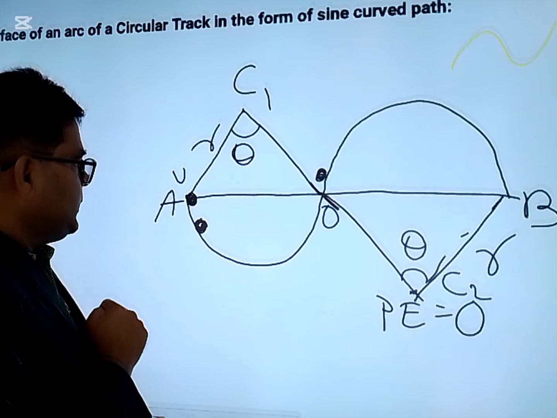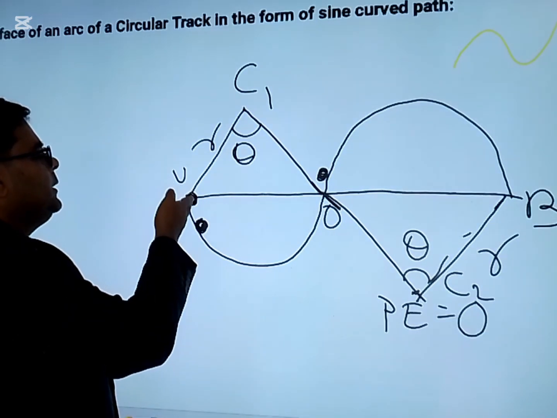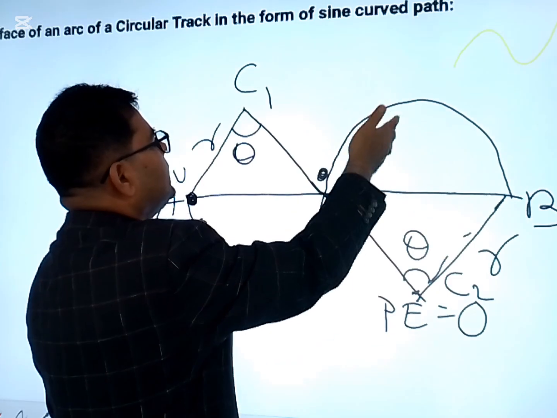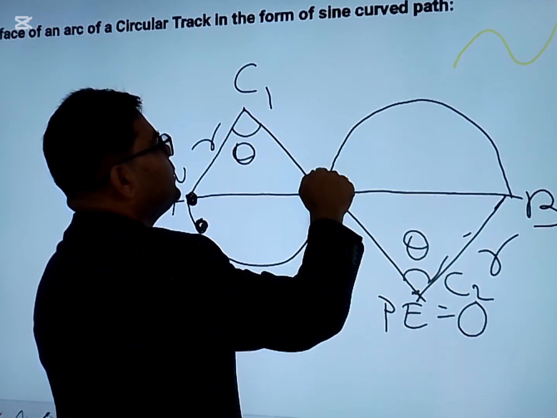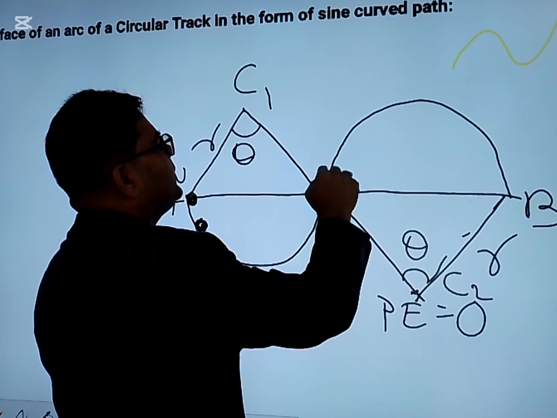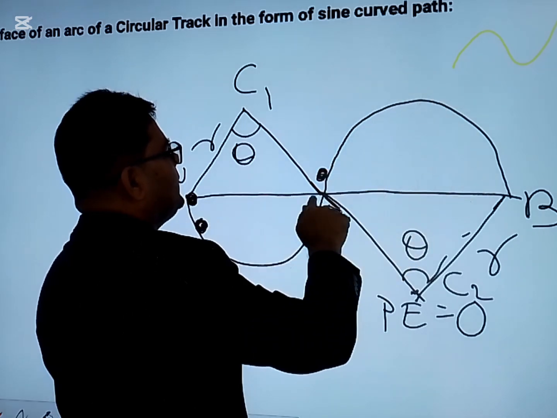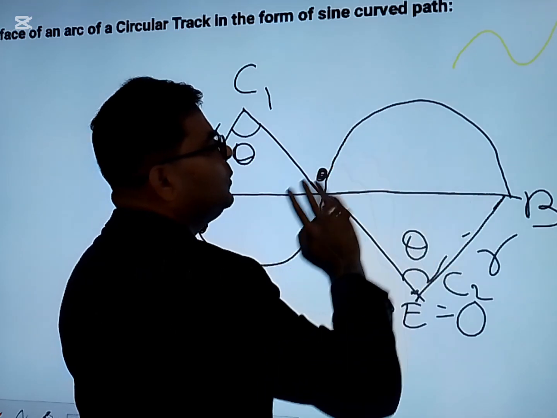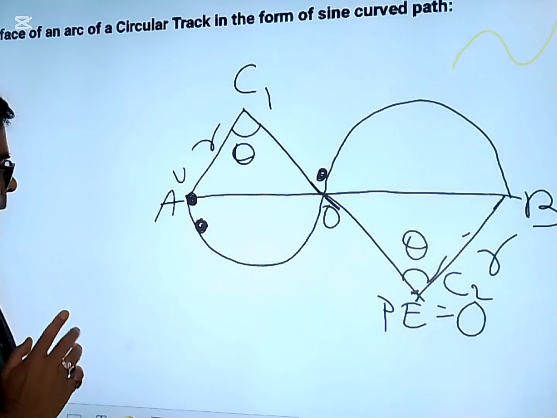So at this point, we will see the nature of the motion so that this particle or body will not lose contact with this circular path while reaching from position O to B. Alright?